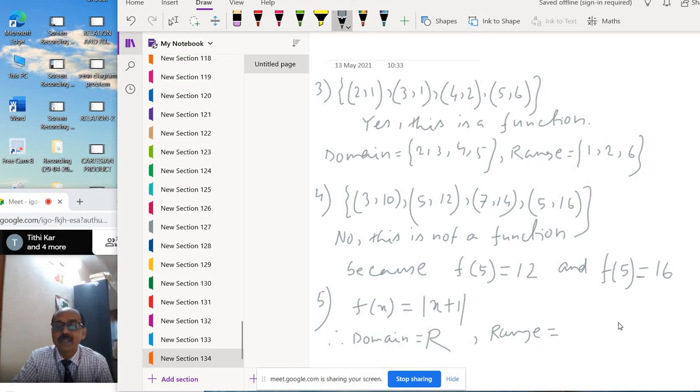So here a negative value is not coming; all are positive, and the lowest value is 0. 0 is coming if x is minus 1, so the range is 0 to infinity. Infinity is an open interval and 0 is a closed interval.